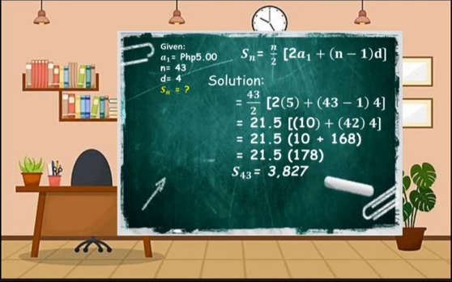Then, 43 divided by 2 is 21.5 times 2 times 5 is 10 plus 43 minus 1 is 42 times 4. Next, 21.5 times 10 plus 42 times 4 is 168. Next, 21.5 times 10 plus 168 is equal to 178.